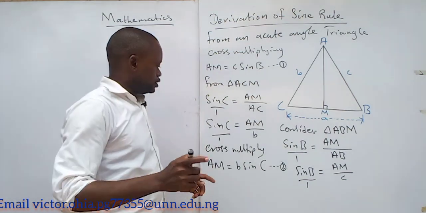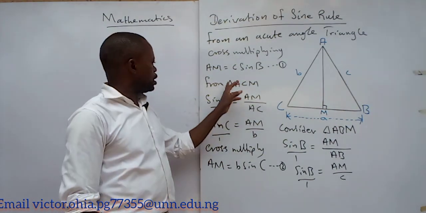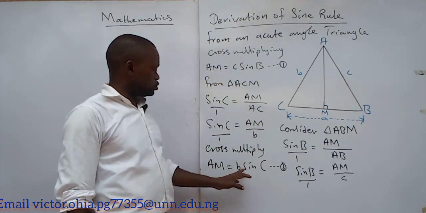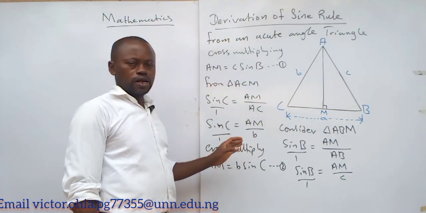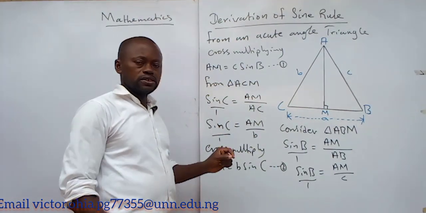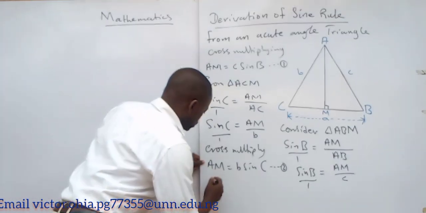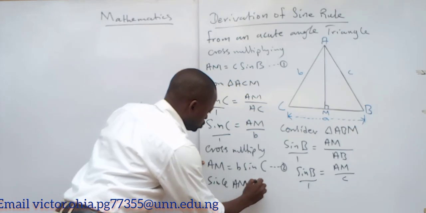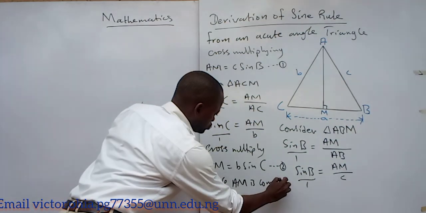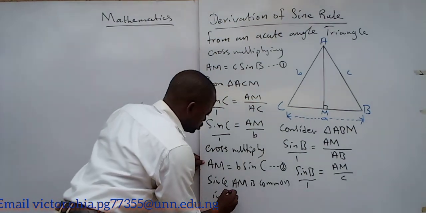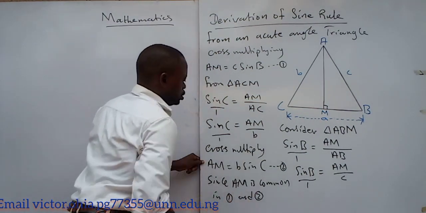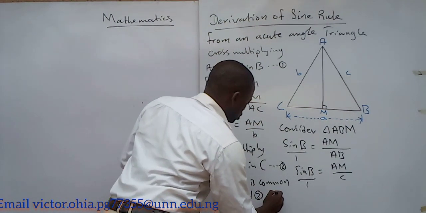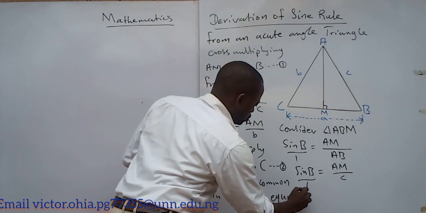Do you realize that AM is common to equation 1 and 2? So we can equate them. So we can say, since AM is common in equation 1 and 2, equate them.